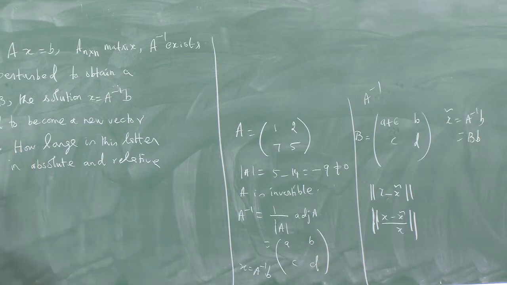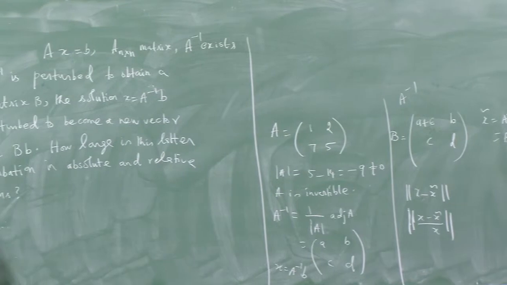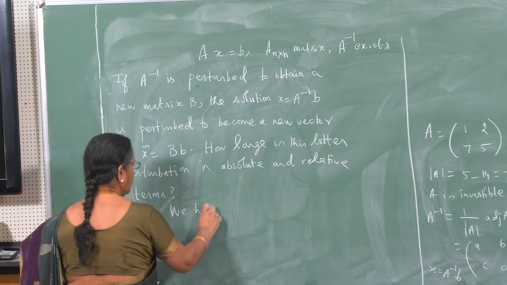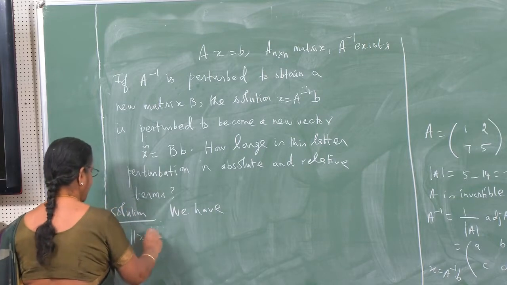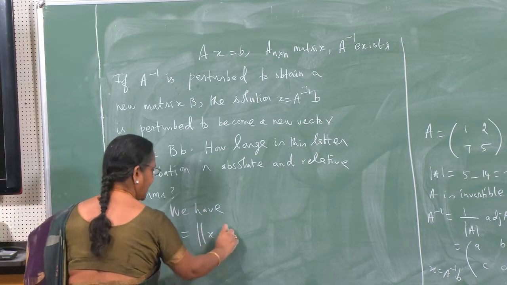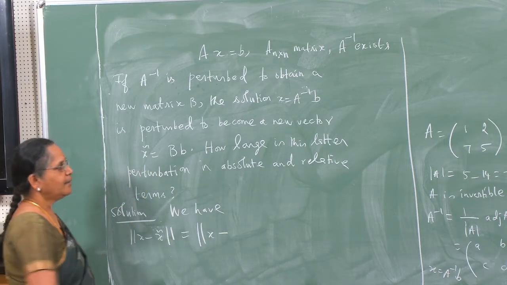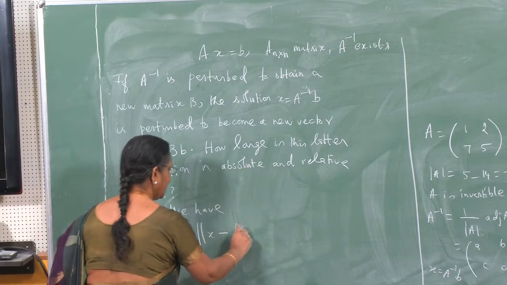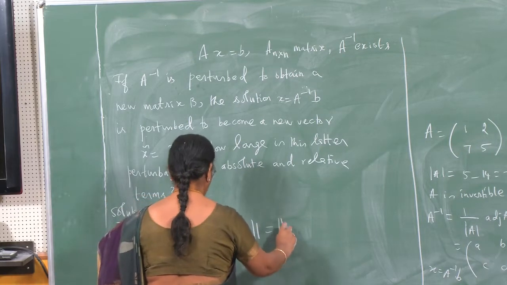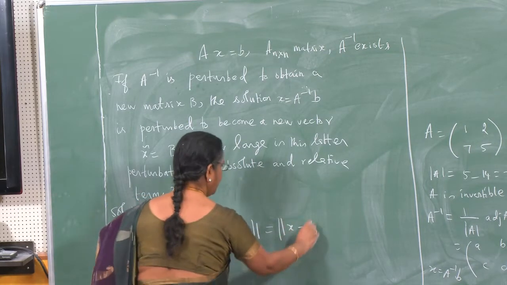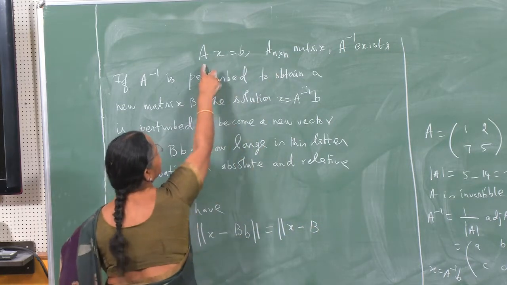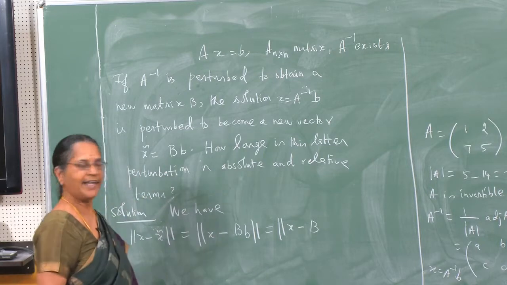So, let us write down the solution of this problem. Let us see what is norm x minus x tilde. What is x? I write x as it is, but what is x tilde? It is b times b, and this is norm of x minus b into, what is b? b is Ax, because I am given the system Ax.